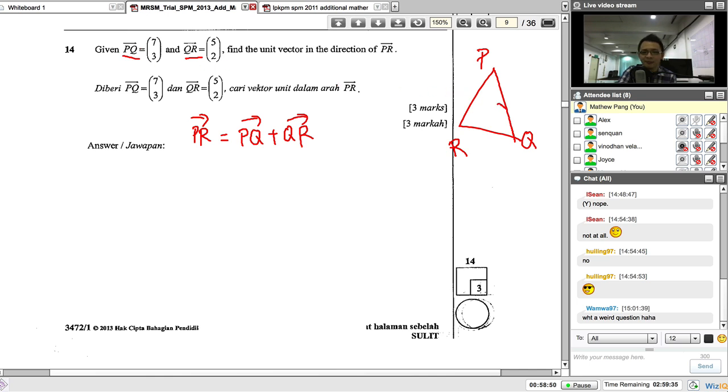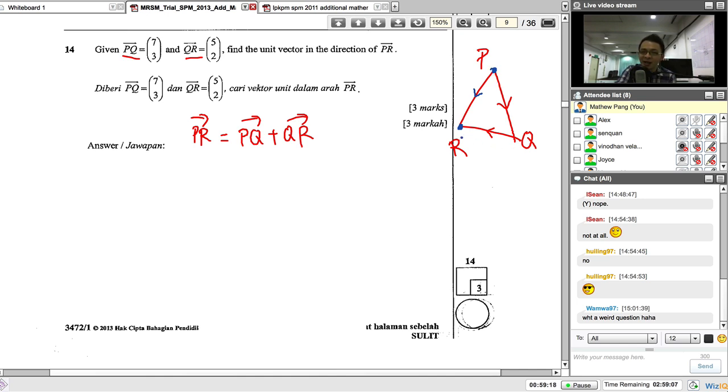PQ is here, and QR is Q to R. Now he asks you to find PR. Just imagine this is your home and you want to go from P to R, which is your school. From your home to school, this is the shortest journey. You can go the other way and still reach school. You just go from P to Q and then Q to R. At the end, you still go from your home to school.